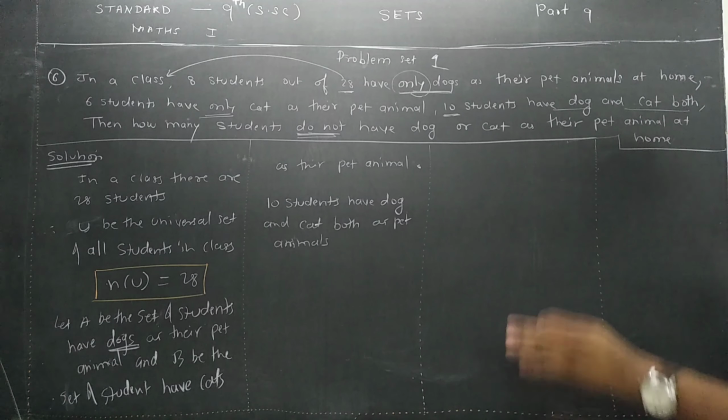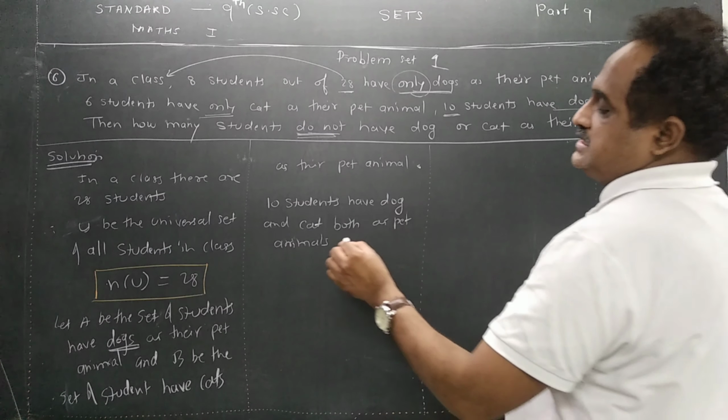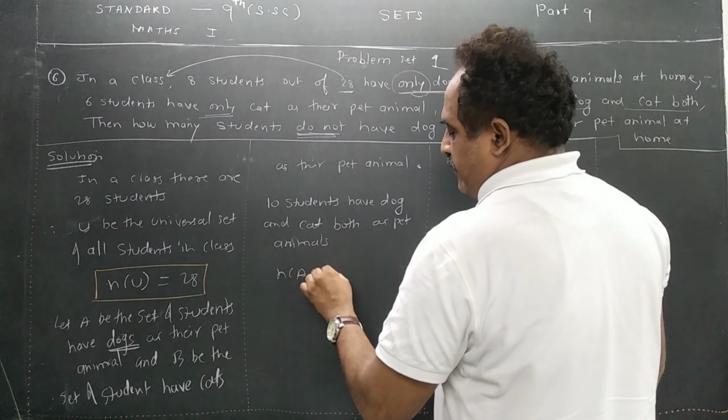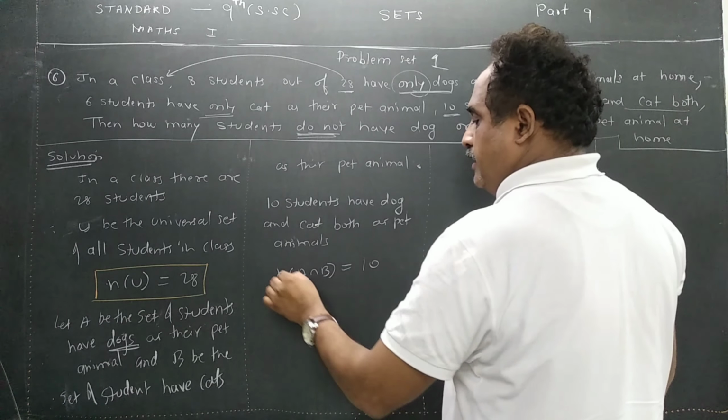Therefore, dog as well as cat means this is actually the intersection, right? उनके पास दोनों हैं.